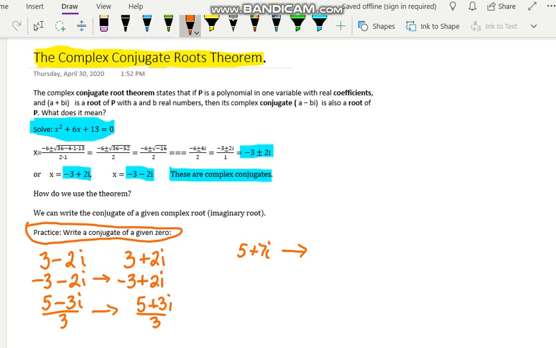What is the conjugate to this root? 5 minus 7i. The given root is -1 minus 6i. What is the conjugate to this root? -1 plus 6i. In other words, all we did is write the conjugate to the given root.